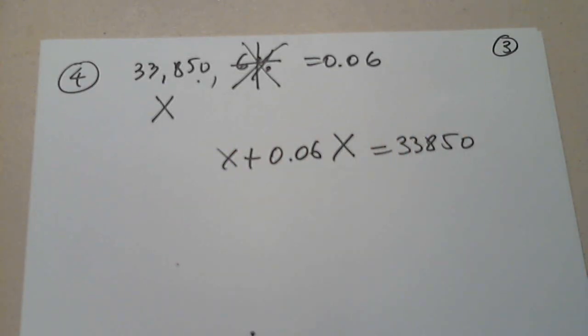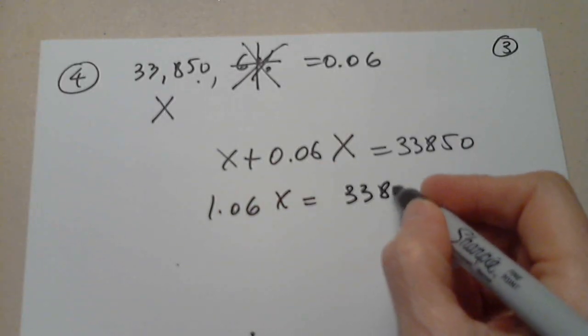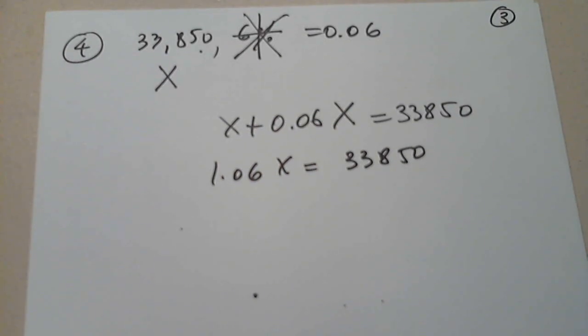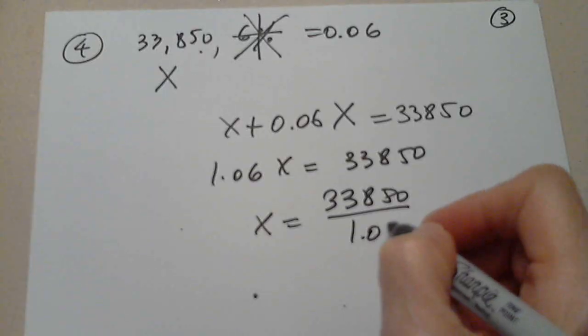What do we get? 1.06? Exactly. And then finally, how do we get X? What is the procedure? And we'll do it together. Divide 33,850 by 1.06. Exactly it.